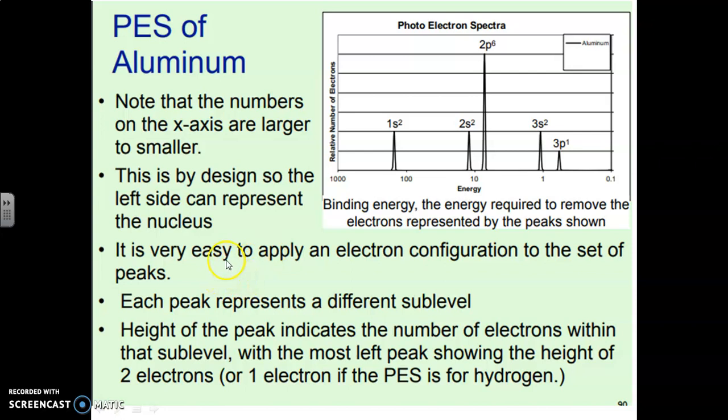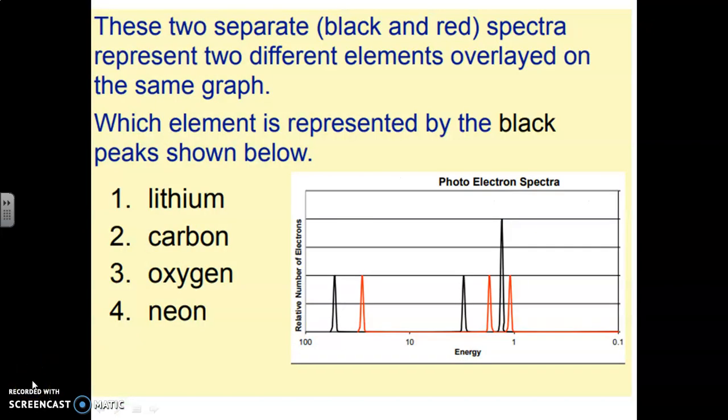The position of each peak represents a different sublevel, and the height of the peak represents how many electrons are in that sublevel or hit the counter during the process. So here we have two different spectra in the same graph, one black and the other red.